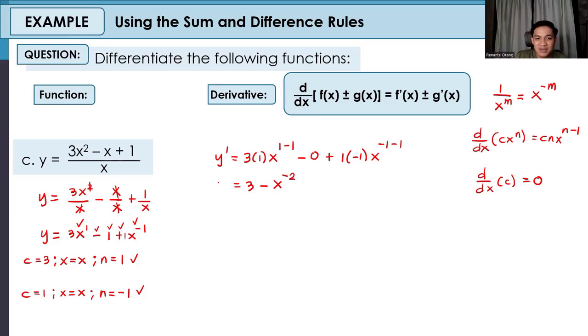So, as I have said earlier, wala po dapat tayong negative sa ating final answers. So, rewrite natin ulit, magiging 3 minus, take note, x raised to the power of negative m is equivalent to 1 divided by x to the power of positive m. So, eto magiging 1 divided by x to the power of positive 2. And this will be our final answer.